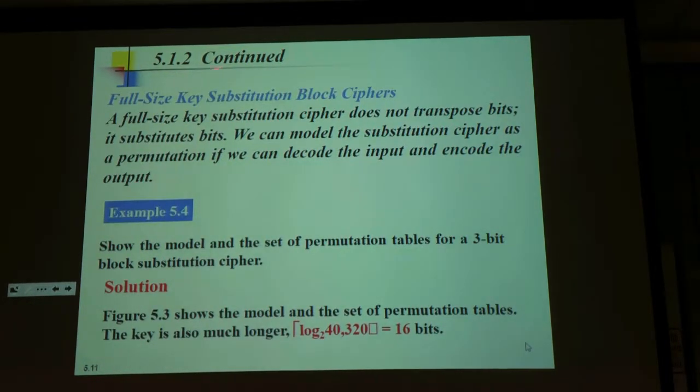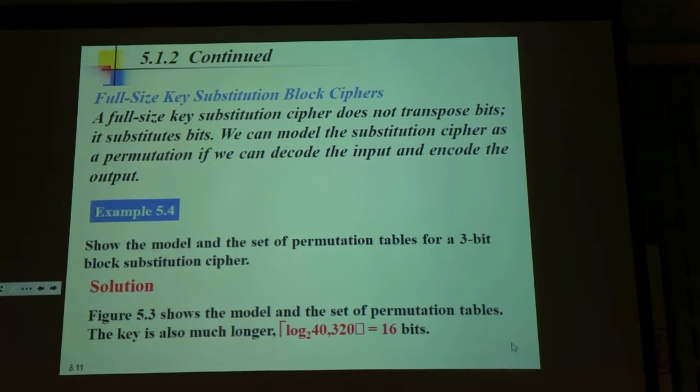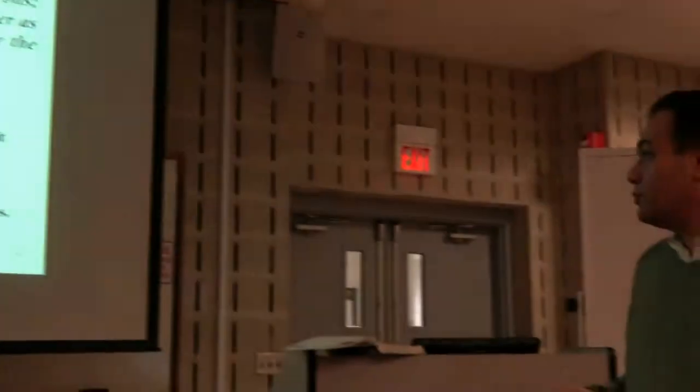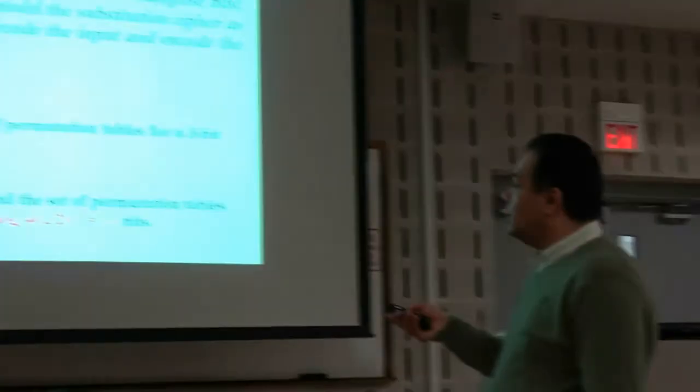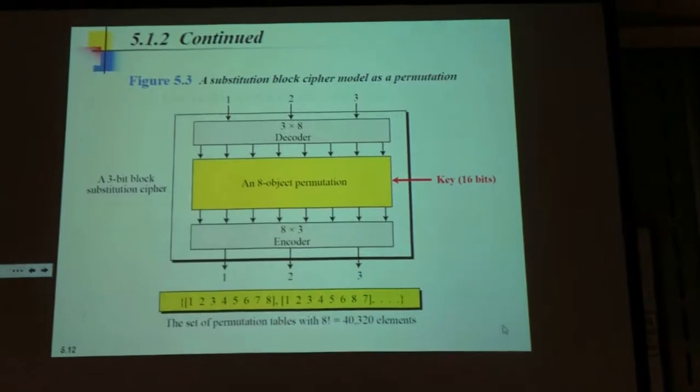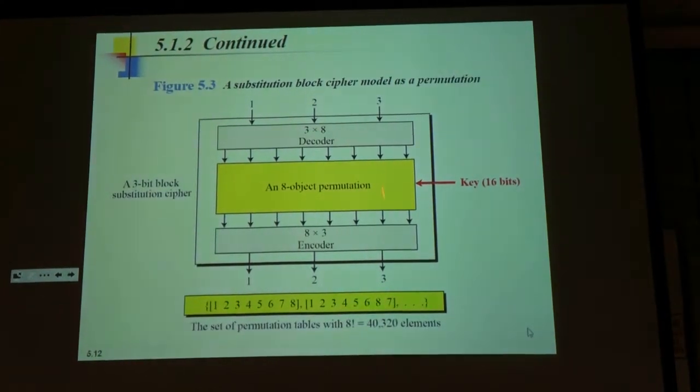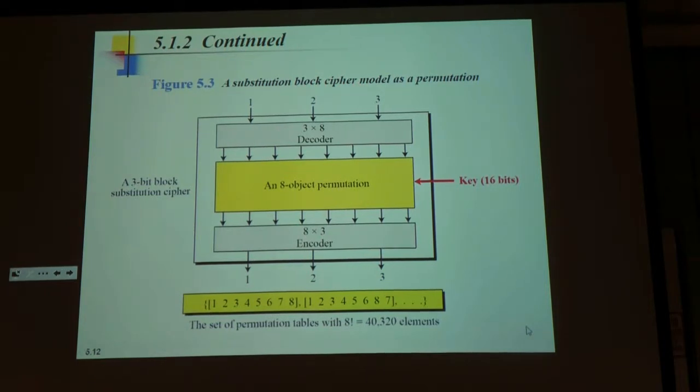How about substitution? That's for transposition. How about substitution? For substitution, if you have a 3-bit block, for example, you have a decoder here, 3 to 8, which converts the 3 bits to 8 objects, a permutation using a key of 16 bits, and then you have an encoder.